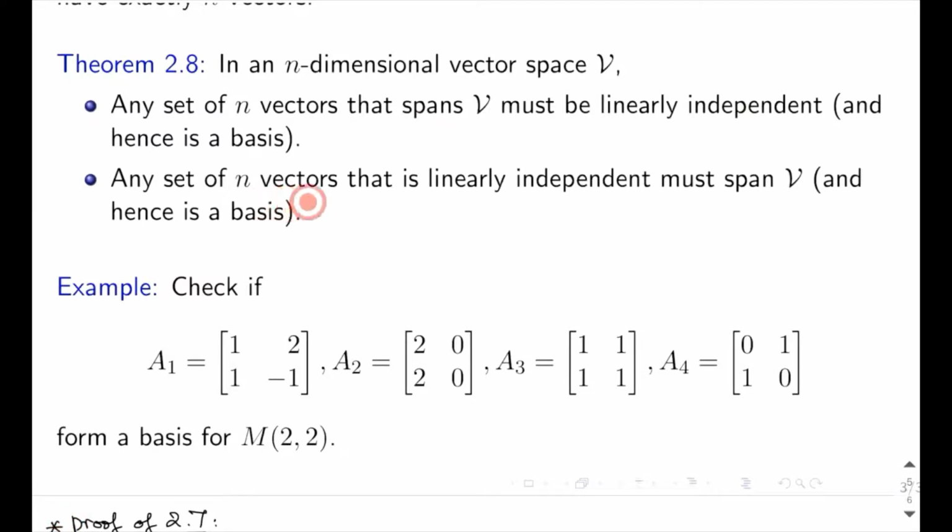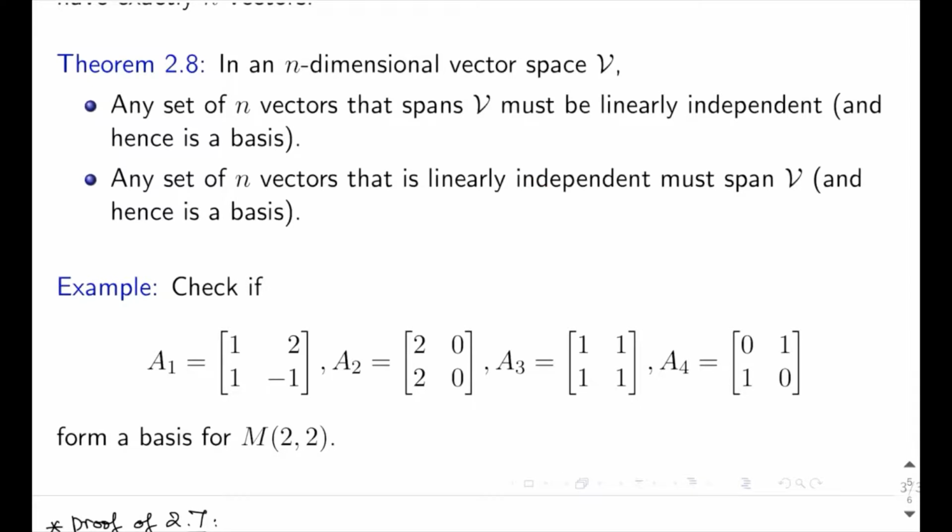Similarly, if you can prove that your n vectors are linearly independent, then you don't need to prove the spanning anymore, because by theorem 2.8, independence implies spanning as well. And so you will have a basis just by checking independence. And that cuts your work in half as well.